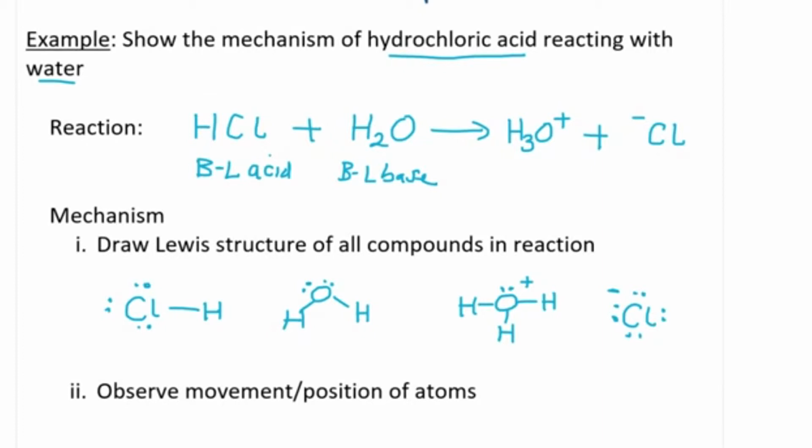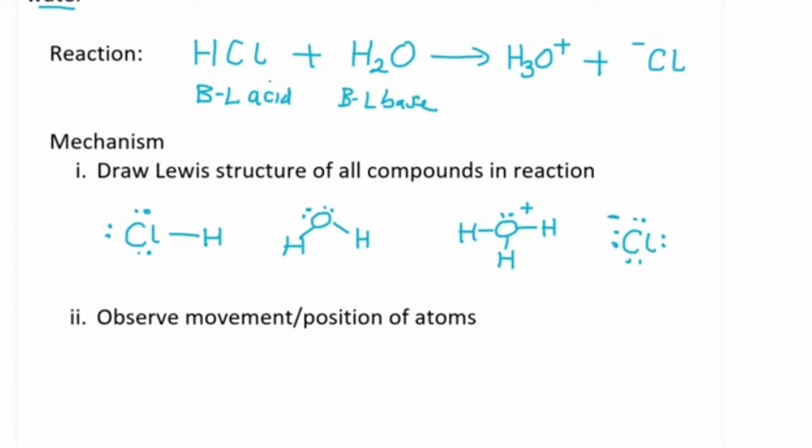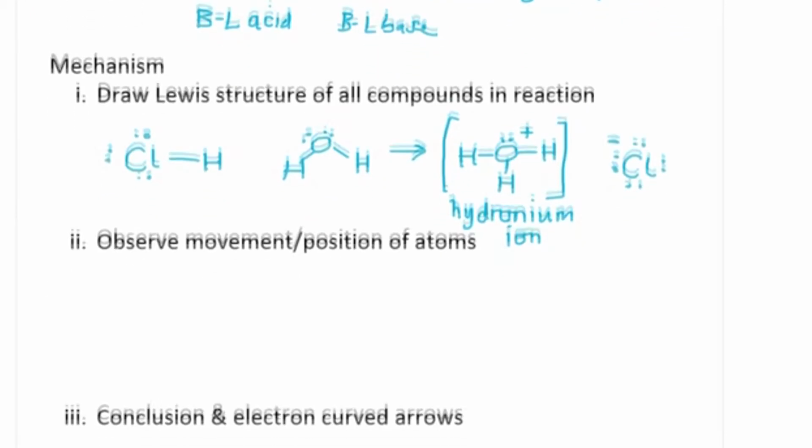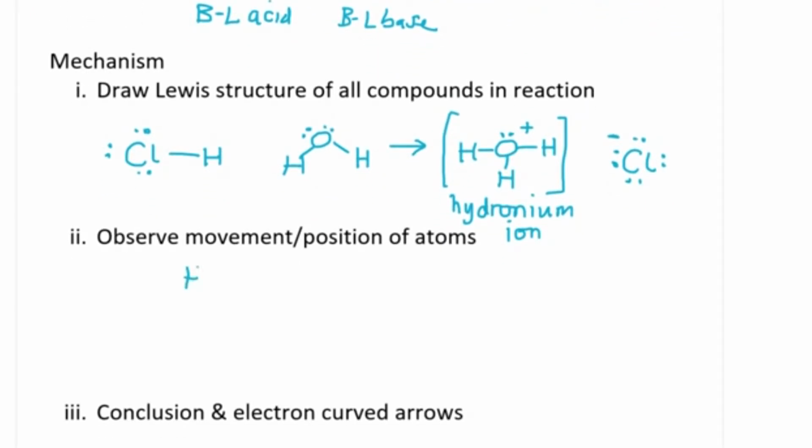Once you notice this, your next step is to observe the movements or positions of atoms. Looking at water here, you notice that water accepts a hydrogen atom from our reactant to form this particular compound, which is known as a hydronium ion. So we can write that down.